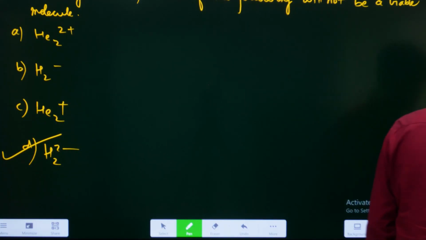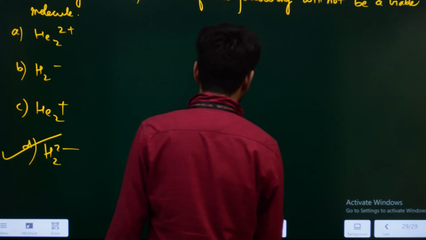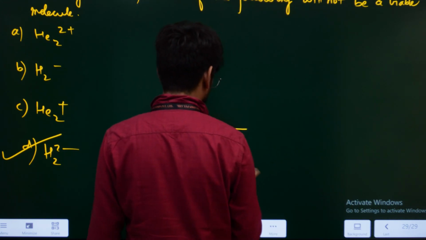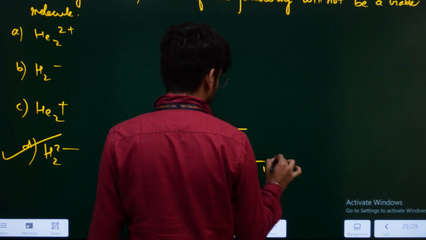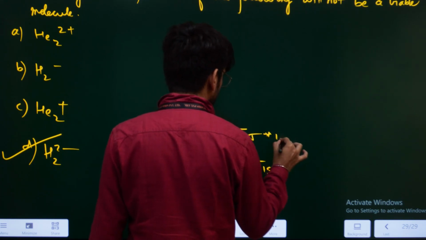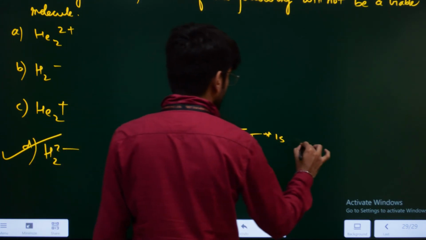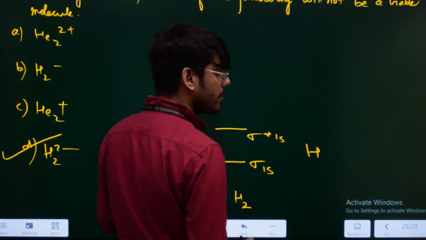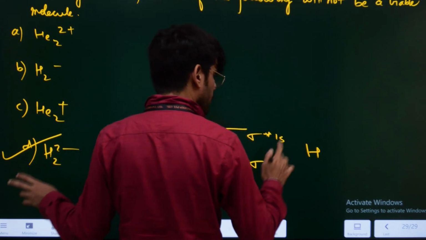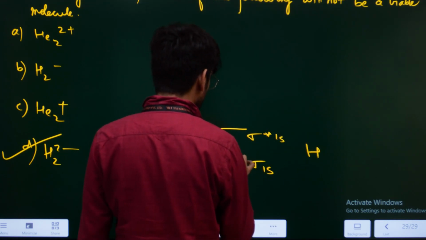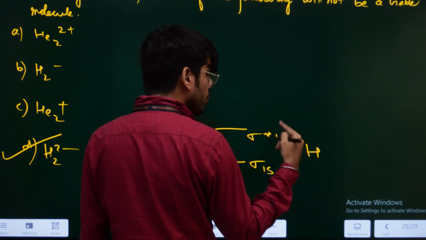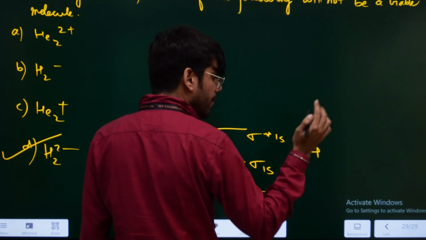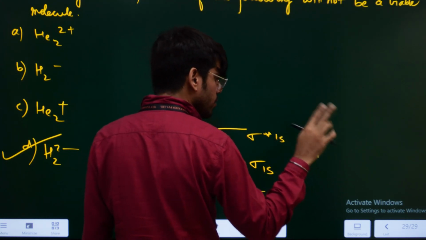Sheetal, don't know? See, Sheetal, we have H2. So 1, 2. Sigma 1s, sigma anti-bonding 1s. This is my first hydrogen. This is my second hydrogen. And this is my H2 molecule. So how many electrons am I supposed to fill? 2 electrons. So 1 and 2. Now H2 2 negative means that I am having 2 more electrons, 4 total.